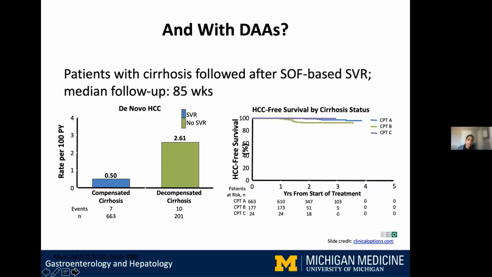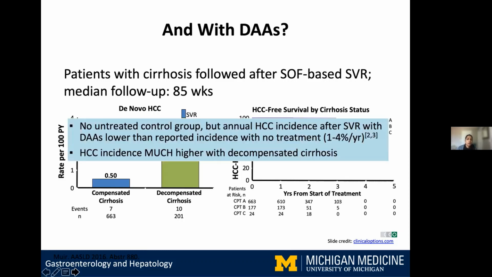They were compared to patients who did not achieve a cure, in green. And what you can see is that liver cancer-free survival certainly is improved in patients who achieve a cure, and there's less risk of liver decompensation. But the risks don't go to zero, and the risks persist.